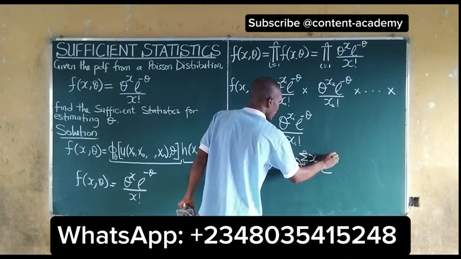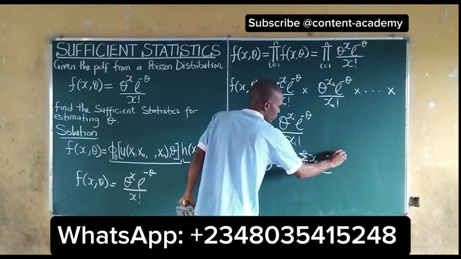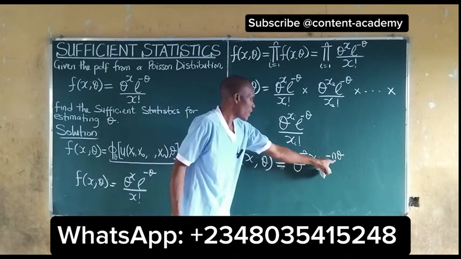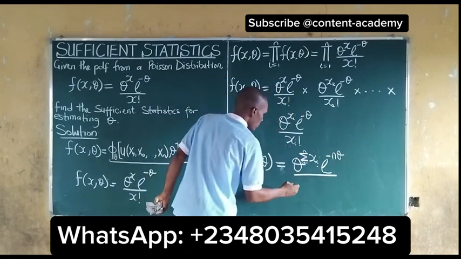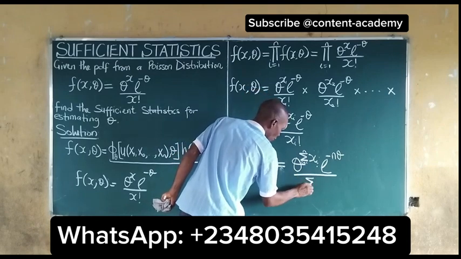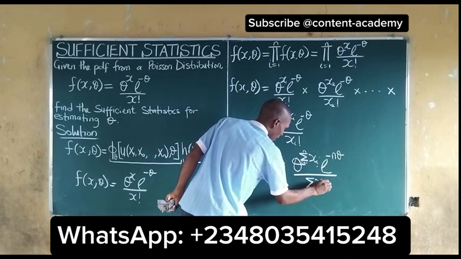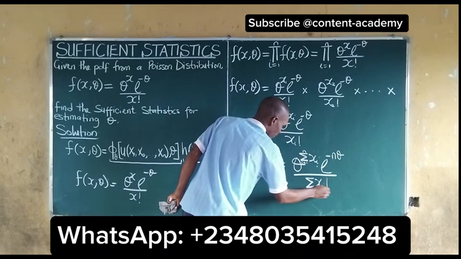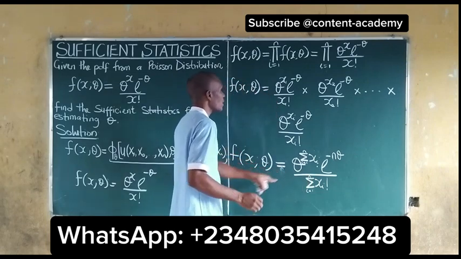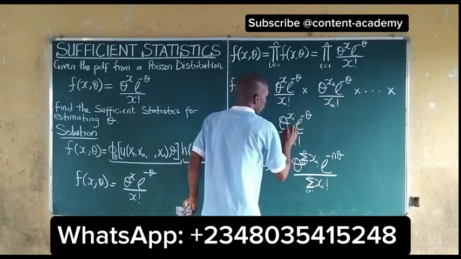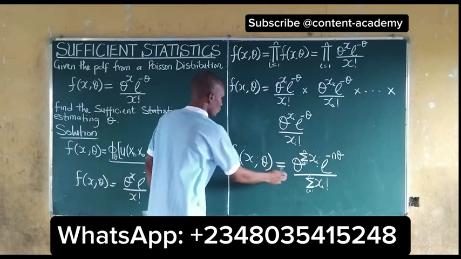If you sum a constant, you get n times that constant, so we have n theta, all over the product of xi factorial as i ranges from 1 to n. So this is what we get when we take the product of all of this.